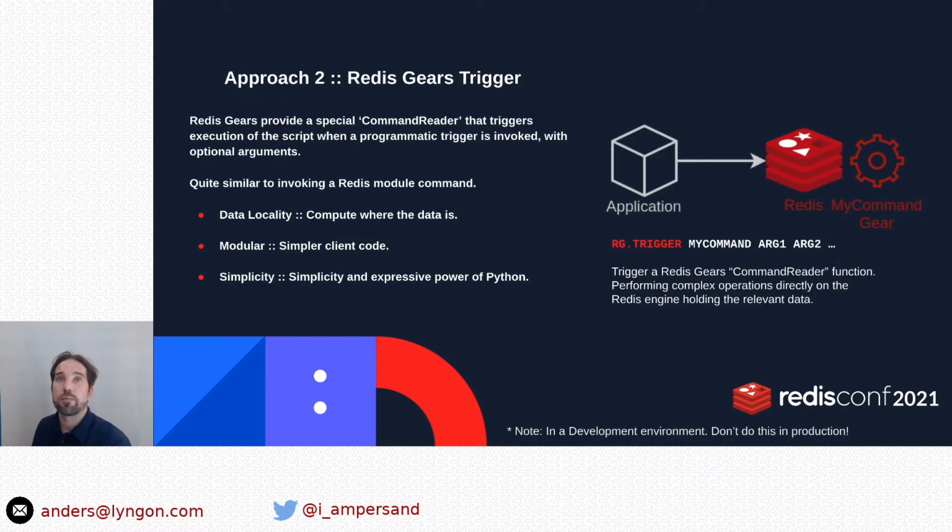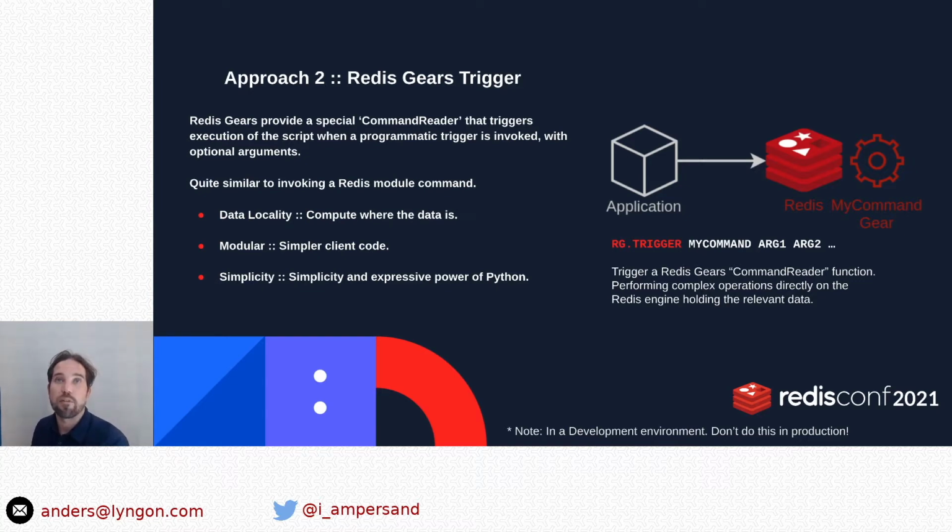So how did this give me a solution to my problem? Well, basically, using the command reader functionality of RedisGears, I'm able to use Python functions as stand-in for Redis modules. Basically, I could run the Python modules on demand using triggers from the clients, very much similar to a module, with very much the same benefits as well.